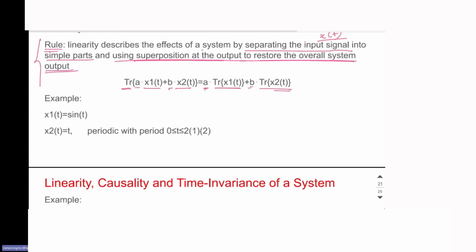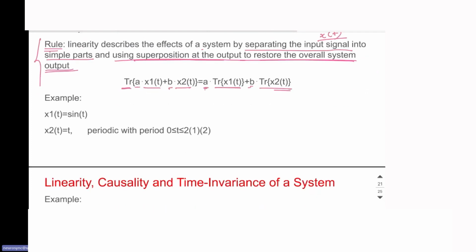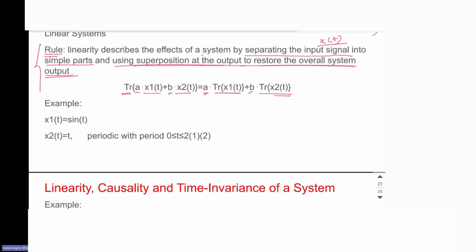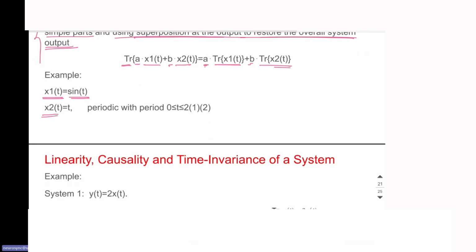Now, with a very simple example, we can see here. Suppose x1 of t is equal to sine t, and x2 of t is t, which is periodic. From 0 to 2, this is a time axis: 0, 1, 2.